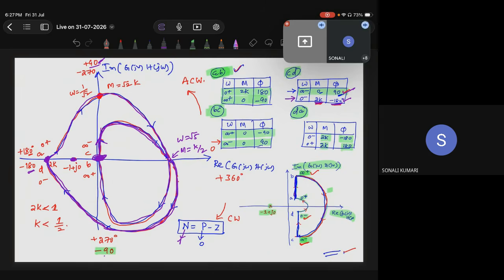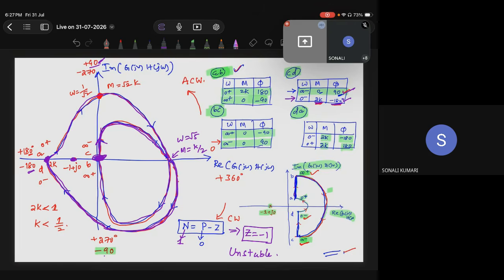So N will be equal to 1. Now what is the Z value from this? Z is -1. Correct? So Z is a non-zero value. Hence, the system is unstable.